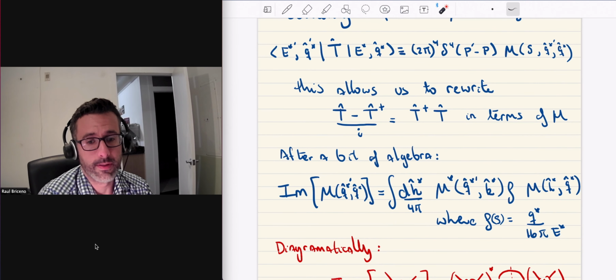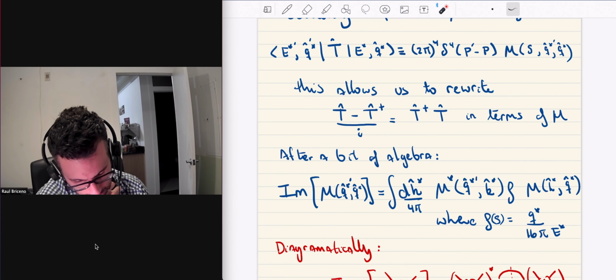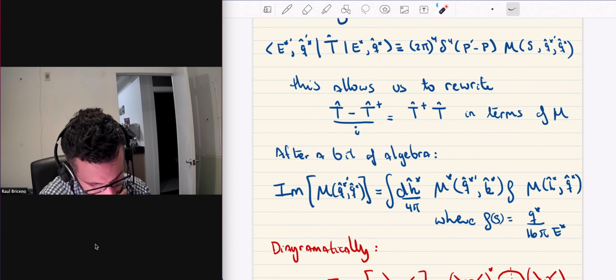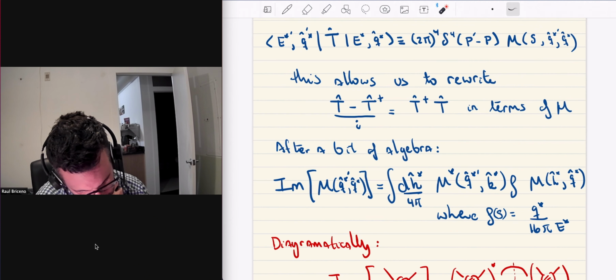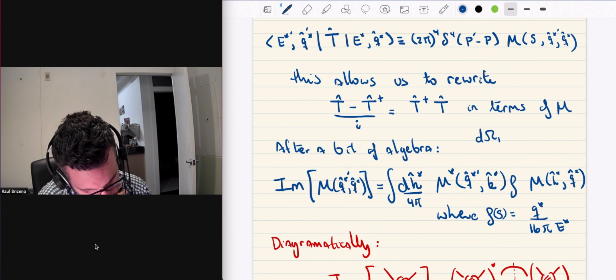So what this gives us is that the imaginary part of M, which is related to matrix elements of the left-hand side, is equal to the angular integral, and here I should have said this is this k hat, right? It's just a placeholder for the solid angle of the vector k in the center of mass frame.